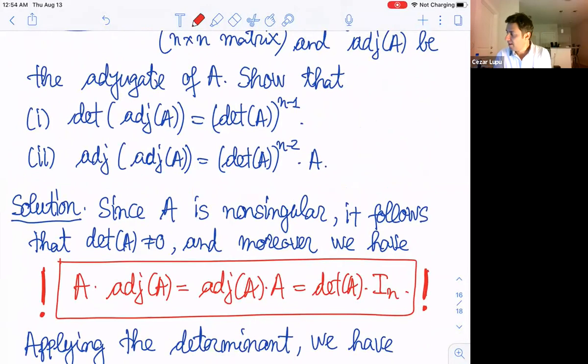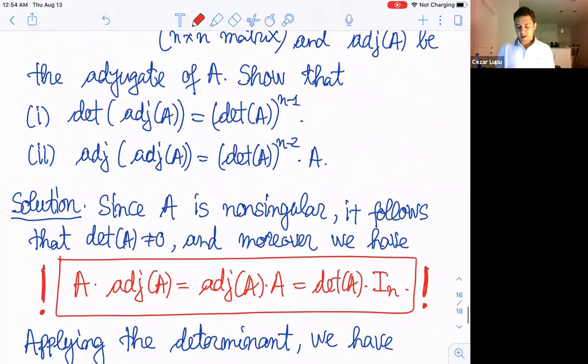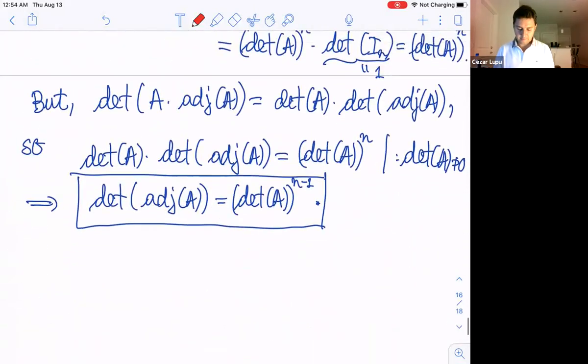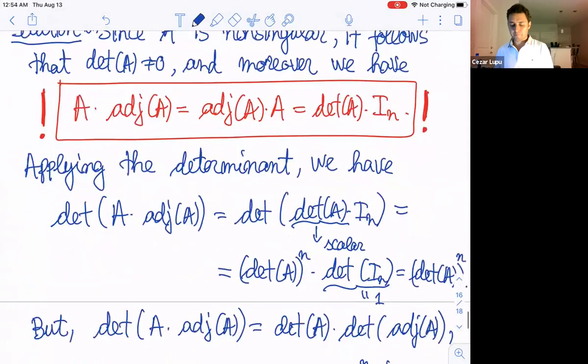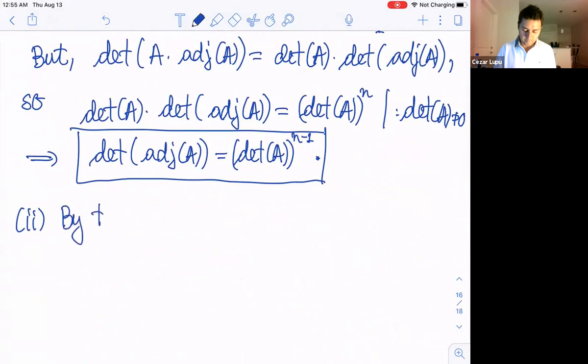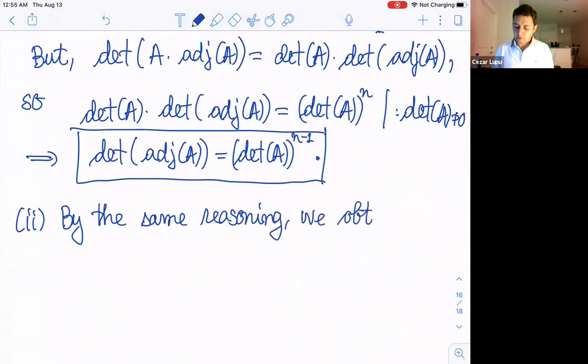In fact, I can do even more: I can express the adjugate of A in terms of the determinant of A and the matrix A. What I'm going to do now is apply this identity, but instead of A, I will apply it for the adjugate of A. So by the same reasoning, we obtain the following identity.